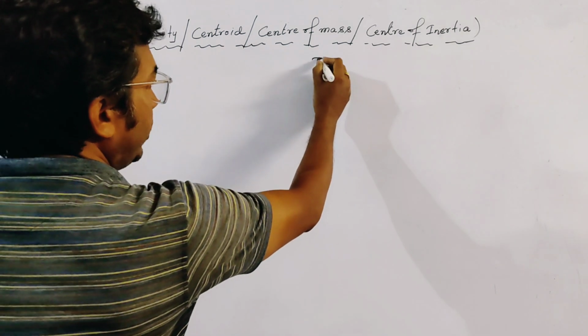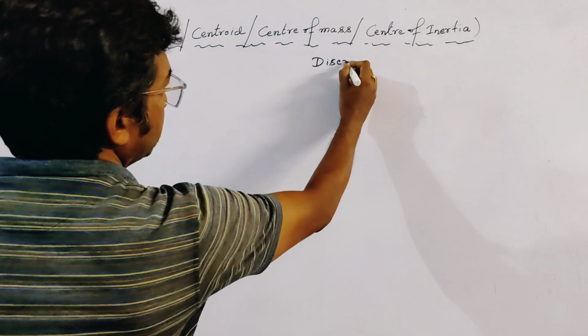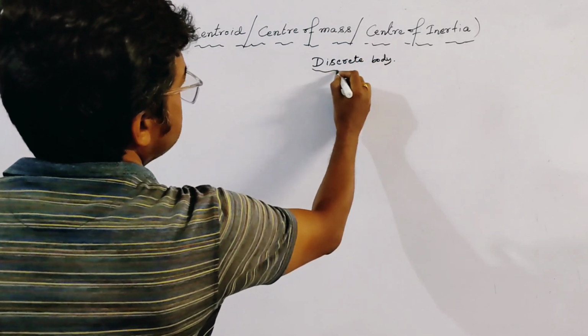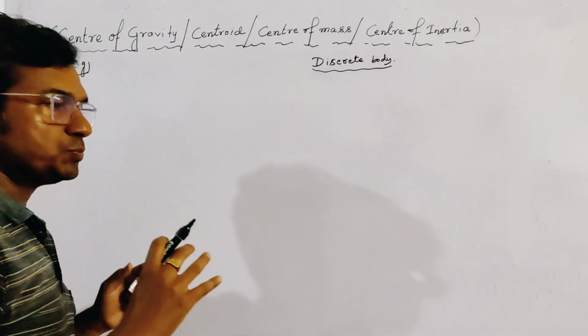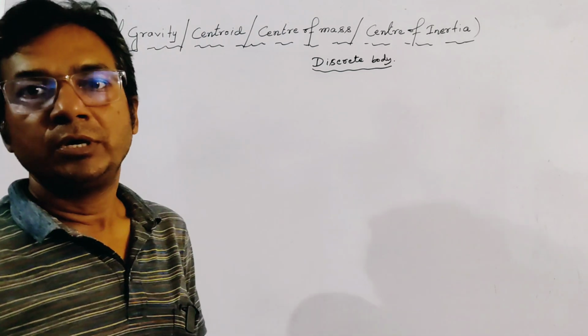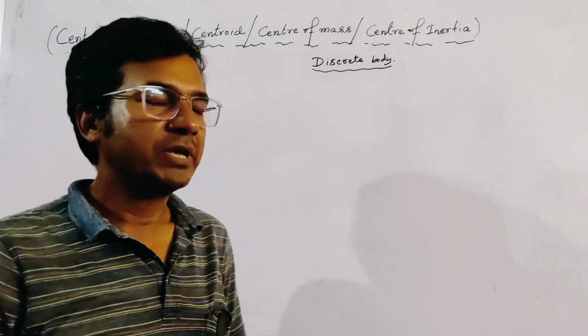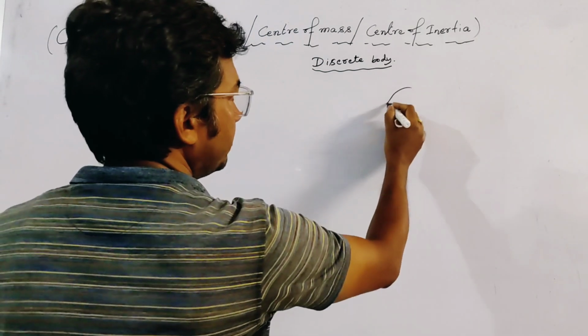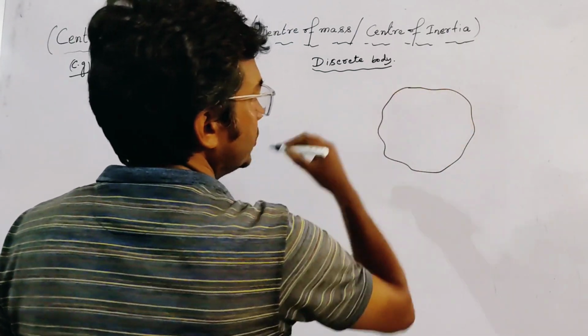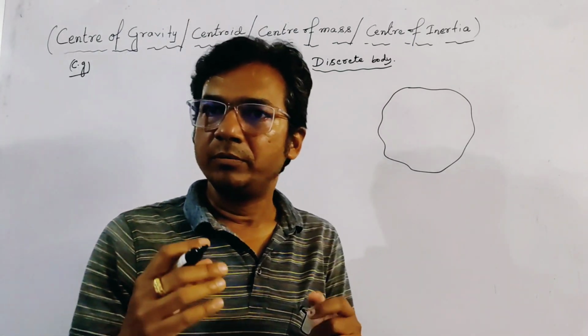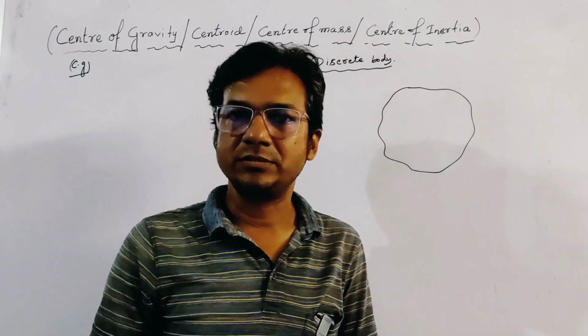A discrete body is formed with a finite number of mass particles, or particles of mass.